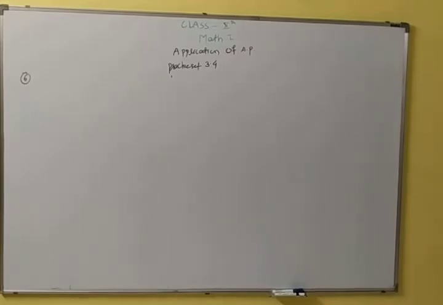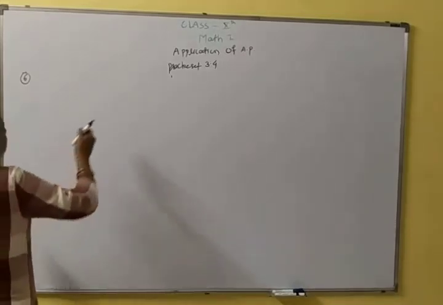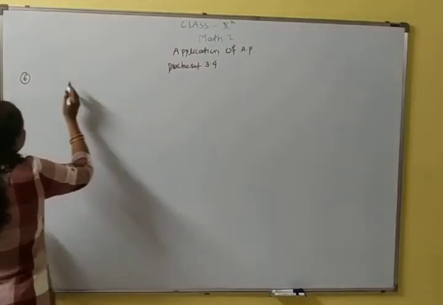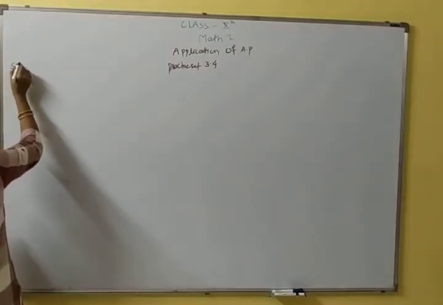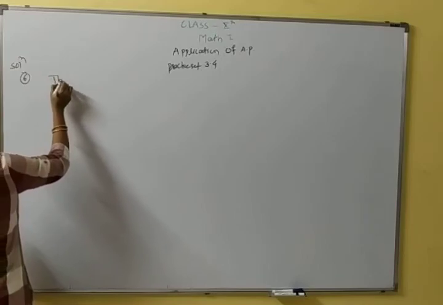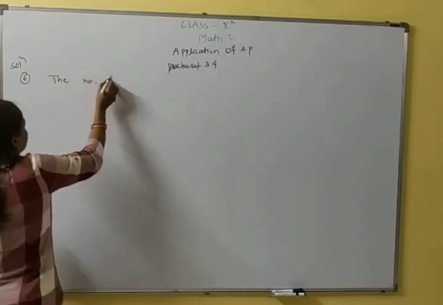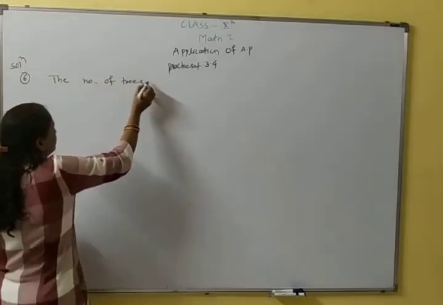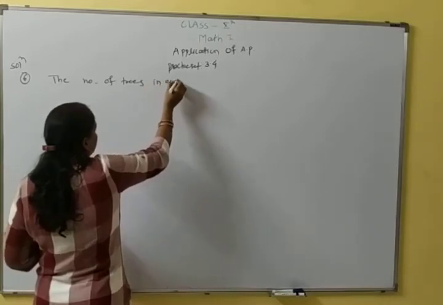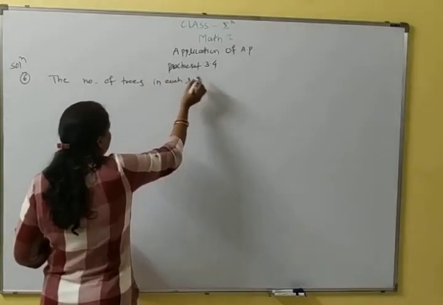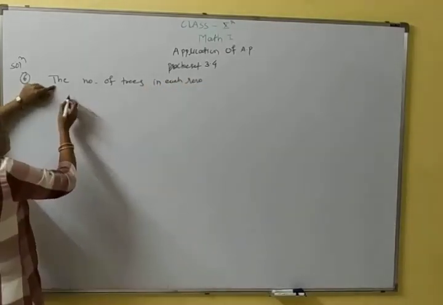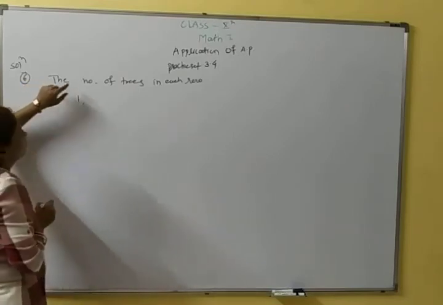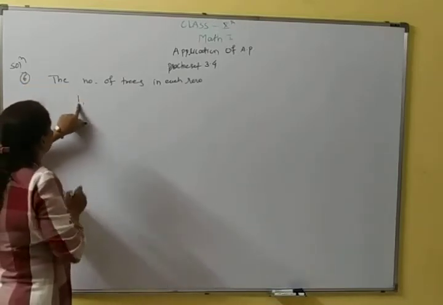Here the number of rows, the number of trees in each row. Solution. In each row, first row, the number of trees is 1.